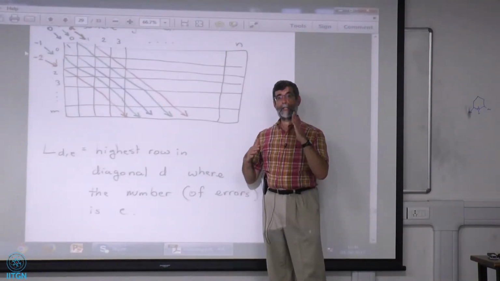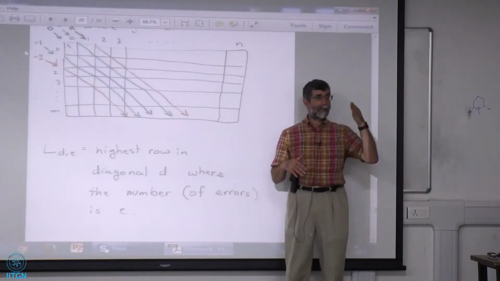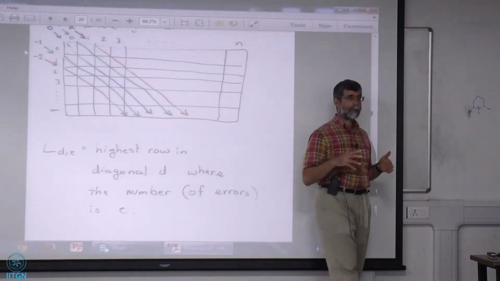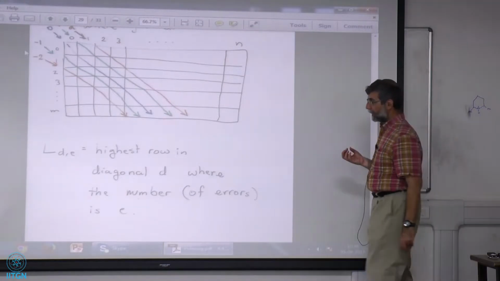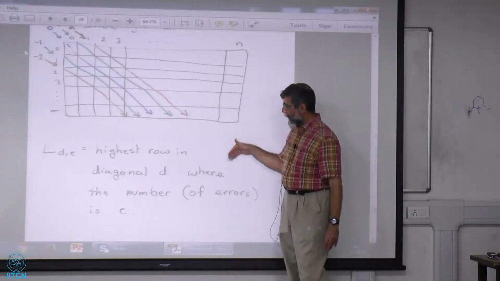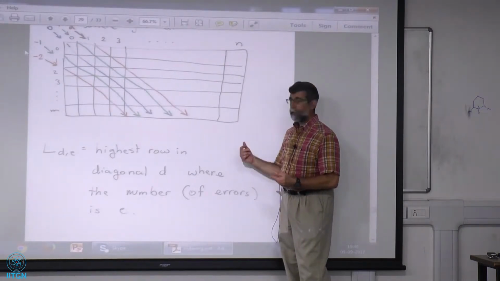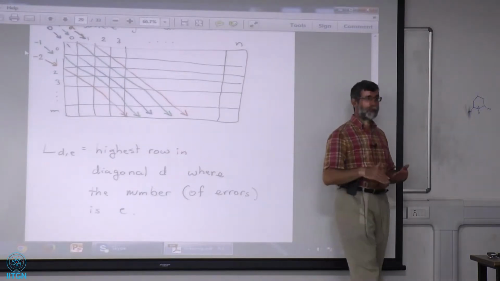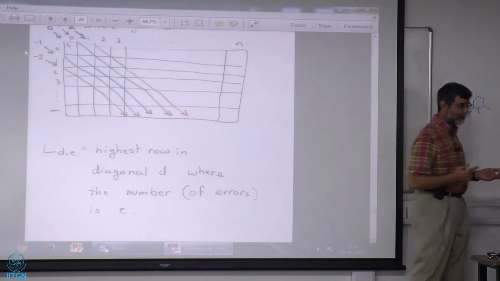The axes are not pattern index and text index, but the axes are diagonal and number of errors. And the value in every one of these L_DEs is going to be the highest row in the other dynamic programming matrix that you could reach in this diagonal and this number of errors.